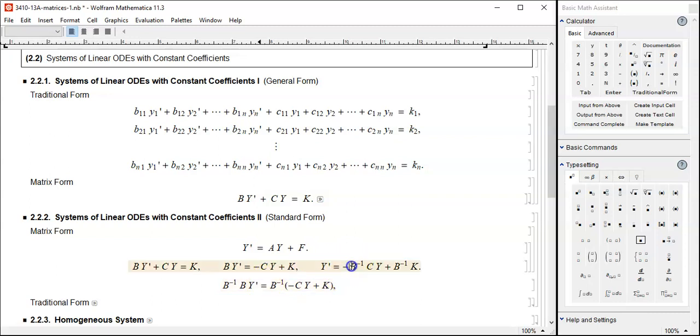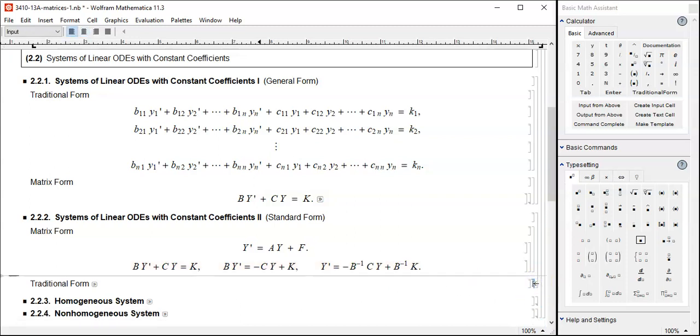So minus B inverse times C, and then B inverse times k. And if I name this as matrix A, and if I name this column vector as column vector function f, yes, this is an n by n matrix, and this is a column vector. So yeah, we have column vector f.